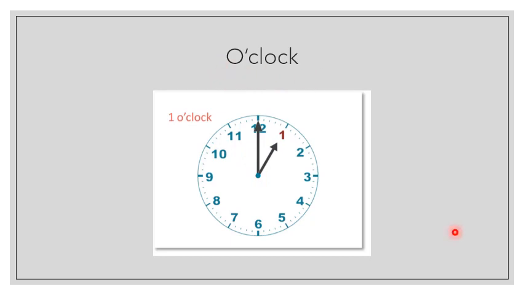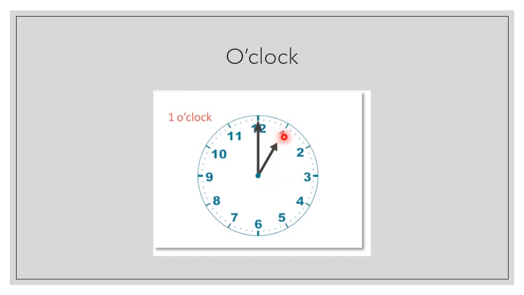Let's say for this example, untuk contoh yang ini, tengok jarum yang panjang ini pointed to number 12, meanwhile the short hand, jarum yang pendek ini pointed to number 1. Dia tunjuk ke arah nombor 1.